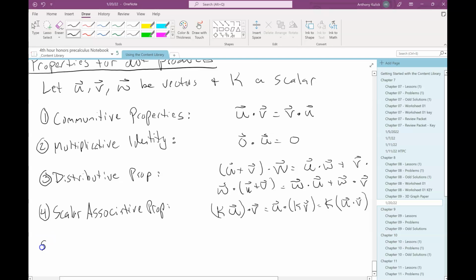And the last one is called the magnitude property. It says that any vector dot itself is equal to the magnitude of that vector squared.